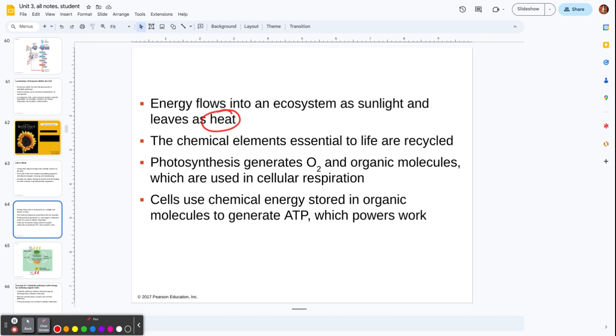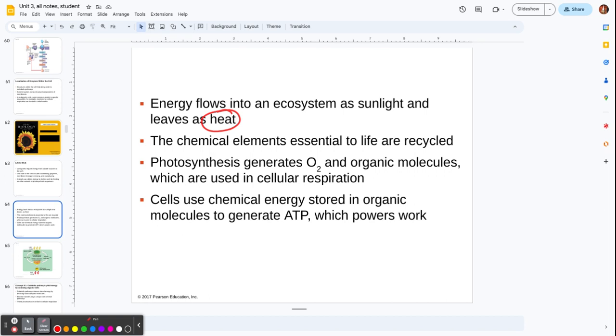So when we change sunlight into chemical energy through photosynthesis, when we eat our food, the energy that is in the bonds of those molecules is not going to be perfectly used. Some of it's going to be lost as heat. Okay, and like I said before, everyone poops. Some of it's also lost through digestion, so we don't use all that.